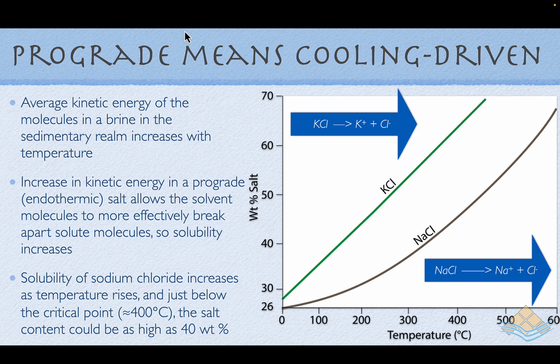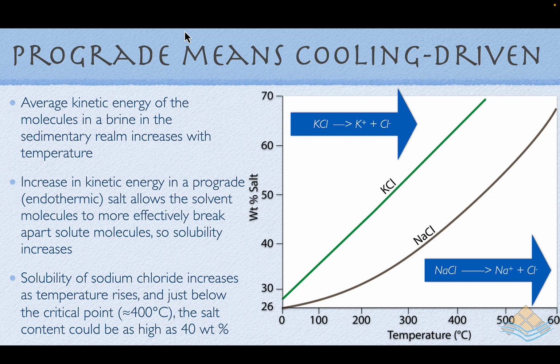The Brownian motion is increasing with temperature. And so with an endothermic reaction, that increase in kinetic energy in a prograde salt allows the solvent molecules, in this case the polar water molecules, to more effectively break down the solute molecules. And so we see solubility increasing as the temperature increases.